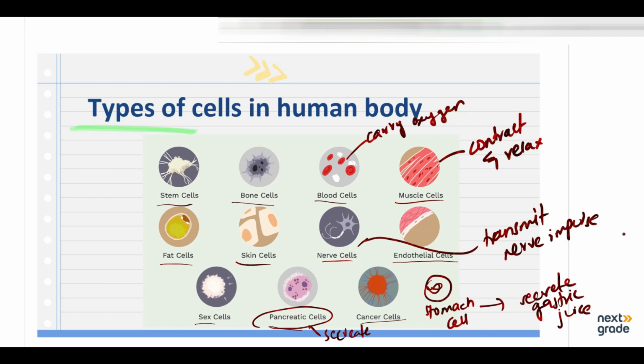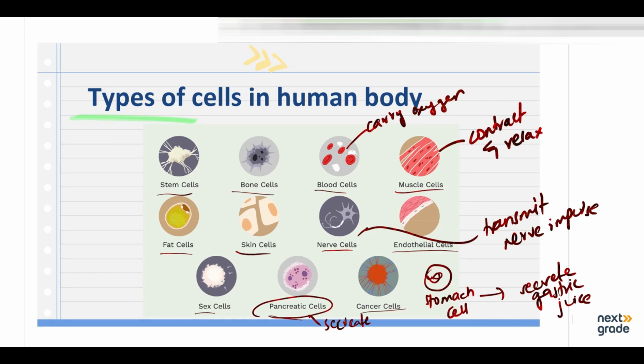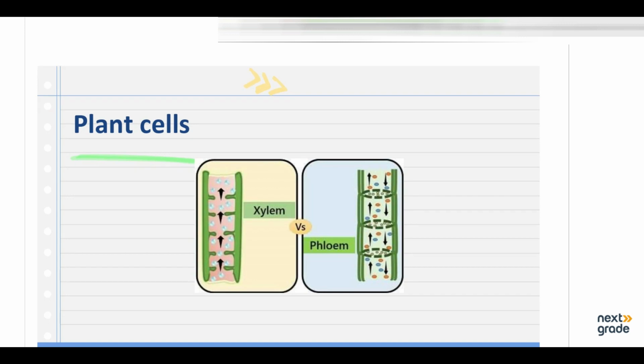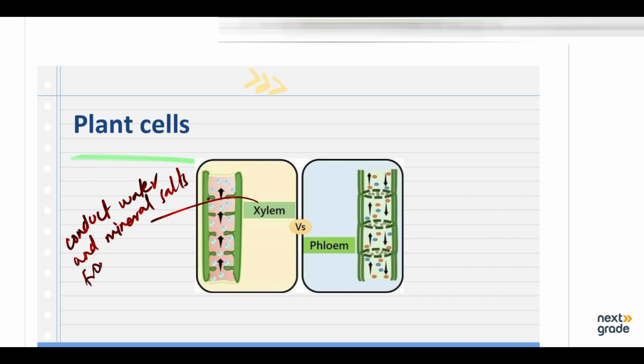So these are all the types of cells that are present in the human body, but as you can see, each cell is specialized and is performing a function that is different from the other cells. इसी तरह अगर हम प्लांट्स में देखें, they do have different types of cells. ठीक है. अगर हम जाइलम सेल्स को देखें तो their function is to conduct water and mineral salts from the soil towards the aerial parts of the plant.